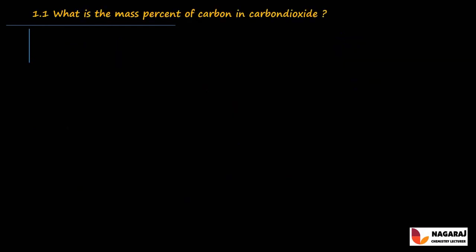First one: what is the mass percent of carbon in carbon dioxide? We all know that carbon dioxide has the formula CO2. That is, it contains one carbon and two oxygen atoms. So out of 100%, what is the percentage of carbon? How to calculate the percentage of carbon?